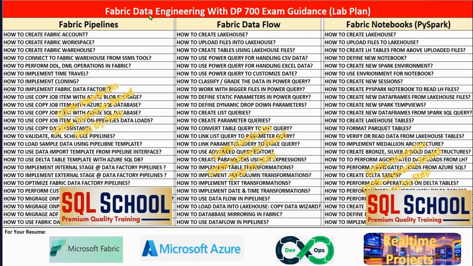Fabric data engineer, because the DP 700 examination title from Microsoft is about Fabric data engineer only. That role we can apply for. With Power BI and SQL, you can apply even for Fabric analyst also. You can apply for both Fabric engineer, Fabric analyst, if you have Power BI with you. Exclusively from this course, it is mainly for engineering. Thank you. Yes.